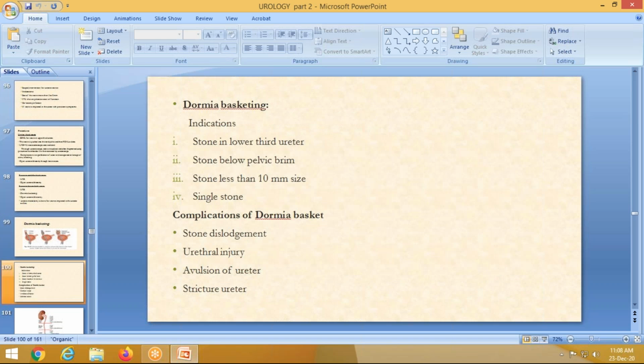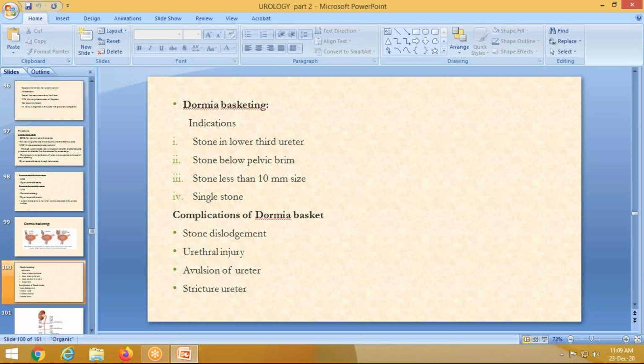So what are the indications when you will apply this Dormia basket procedure? One is when the stone is present in the lower one third, or below the pelvic brim, or when the stone is less than 1 centimeter in size.